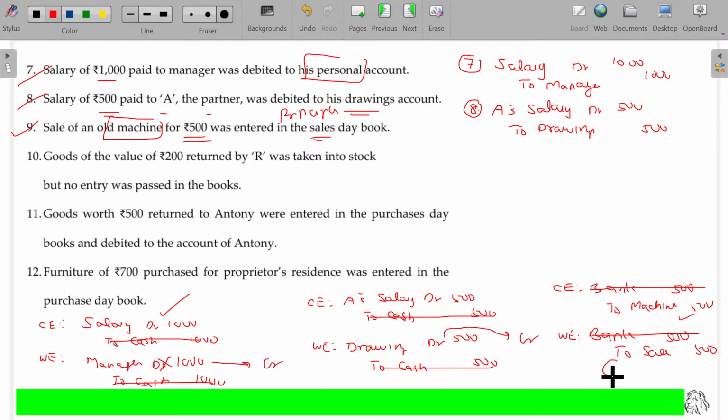This one is okay, this one is now debited. Ninth one: sales account debit to machine account. The value being 500. Clear? Shall I go for the 10th one?